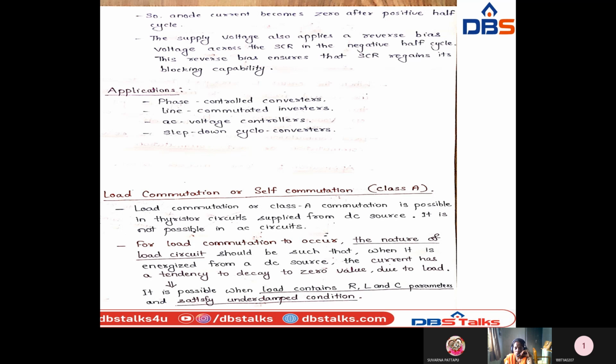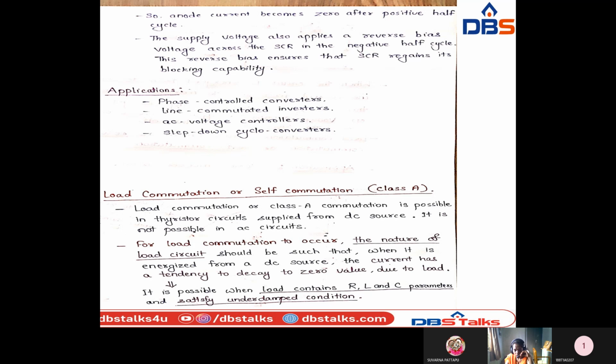Okay. So the anode current becomes zero after a positive half cycle. The supply voltage is then applied as a reverse bias. So the voltage across the SCR in the negative half cycle is a reverse bias, so the SCR regains its blocking capability.